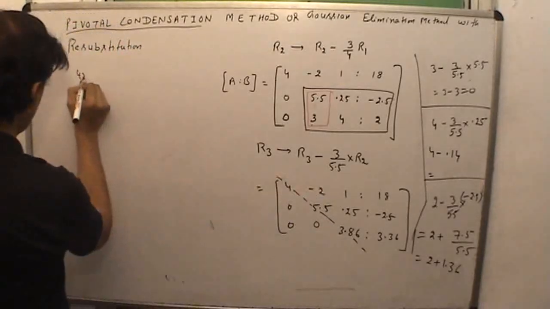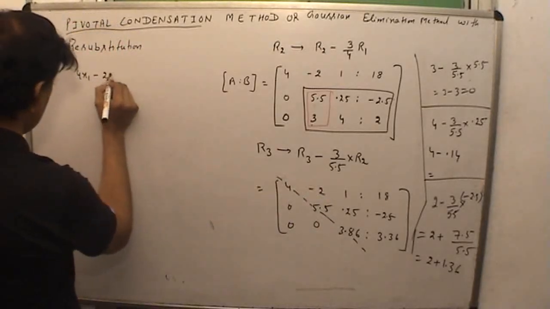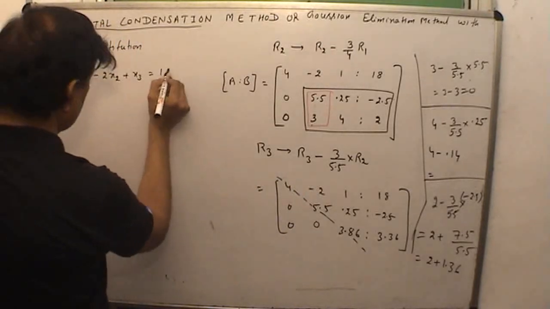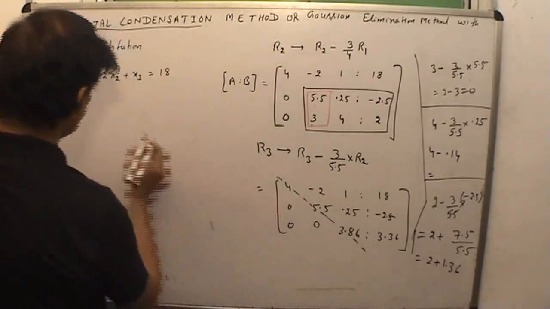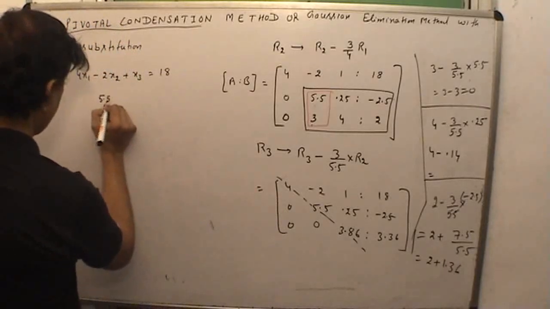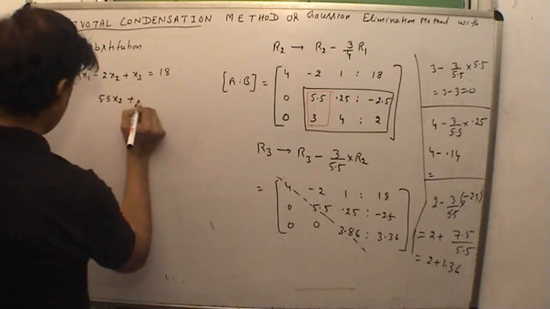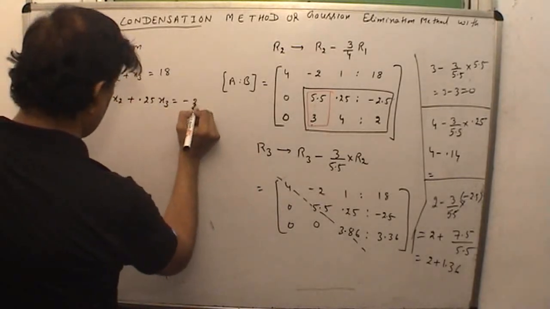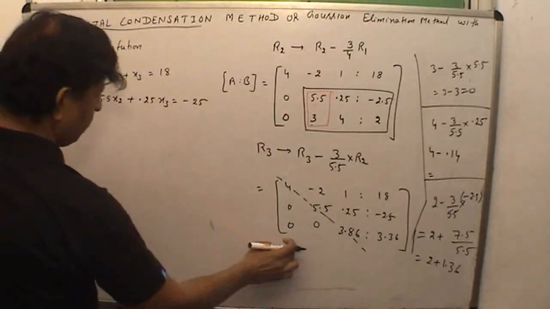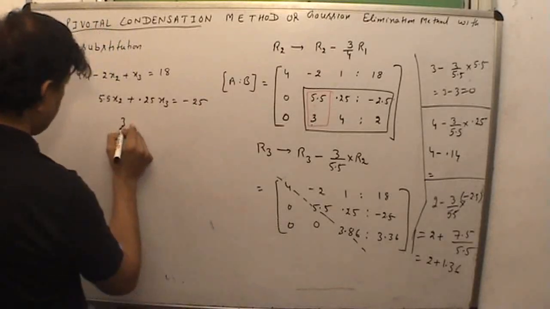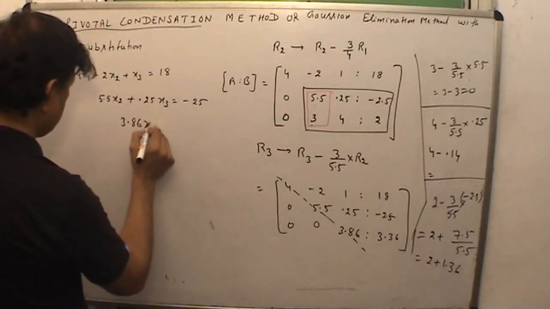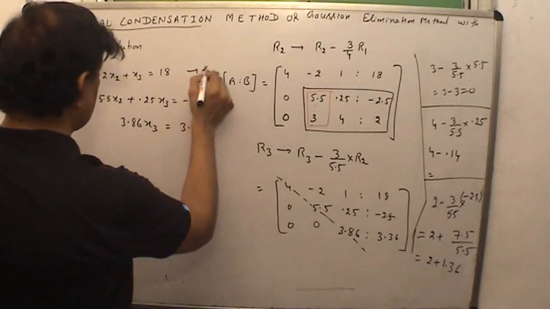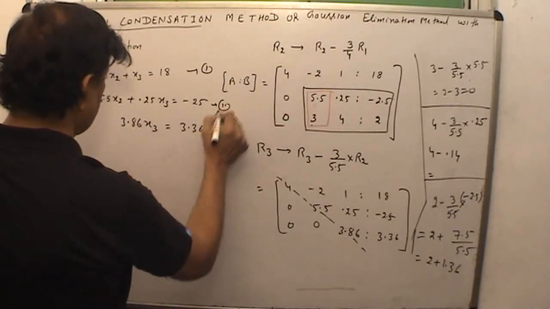It is 4x1 minus 2x2 plus x3 is equal to 18. Now here, 0 x1, 5.5 x2 plus 0.25 x3 is equal to minus 25, 0 x1, 0 x2, 3.86 x3 is equal to 3.36. That is number 1, 2 and 3.